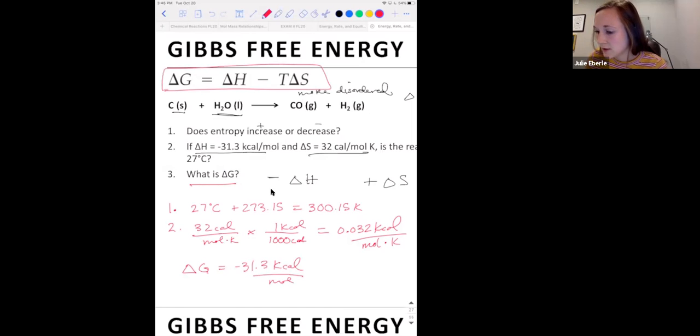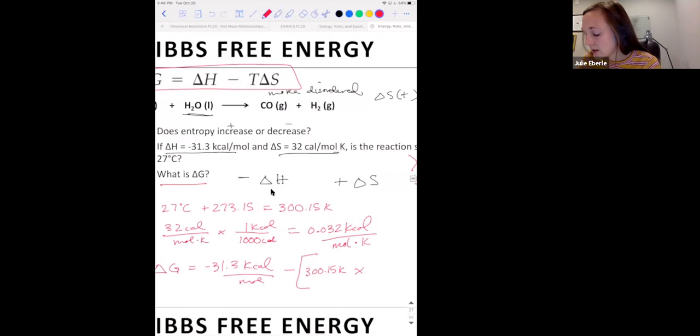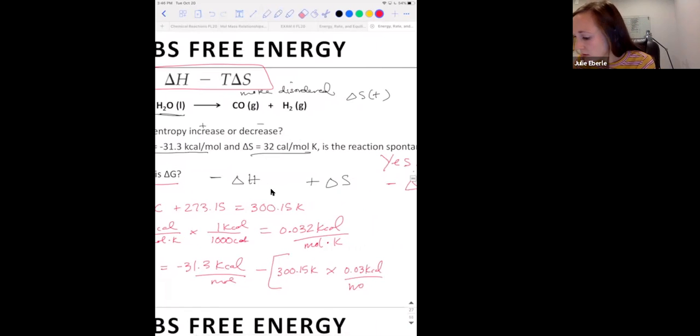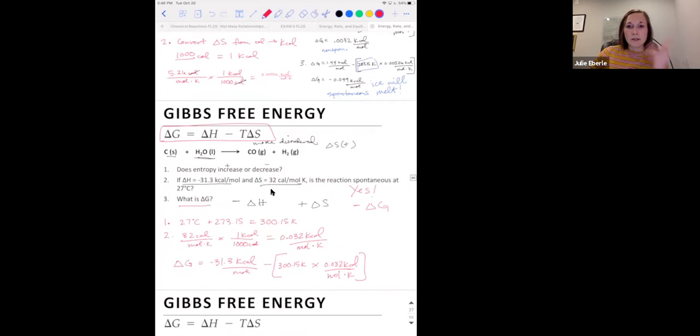Delta G equals delta H minus, in parentheses, the temperature 300.15 Kelvin times, not divided, not add, not subtract, times the delta S, 0.032 kcal per mole. There it is. I bet somebody will put it in the chat in just a minute, so keep an eye out for that. See if you get the right answer.